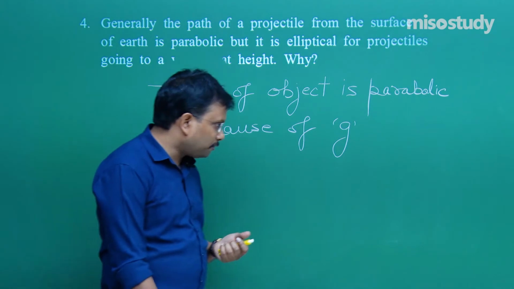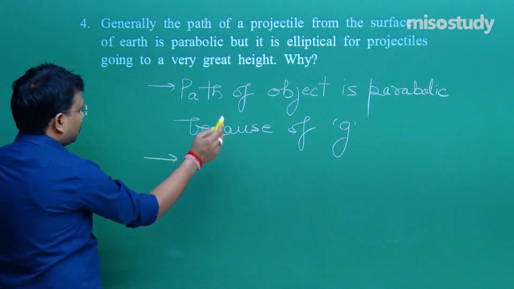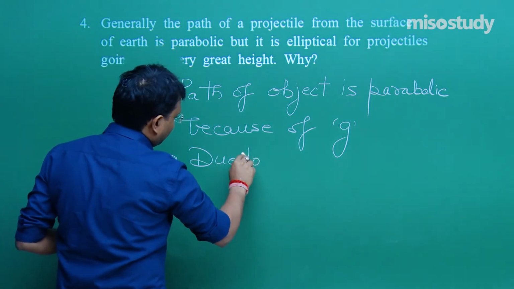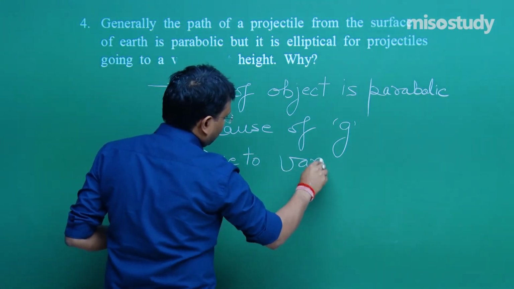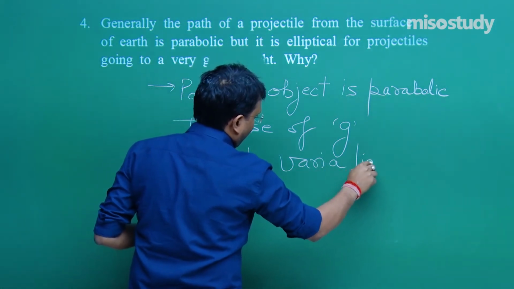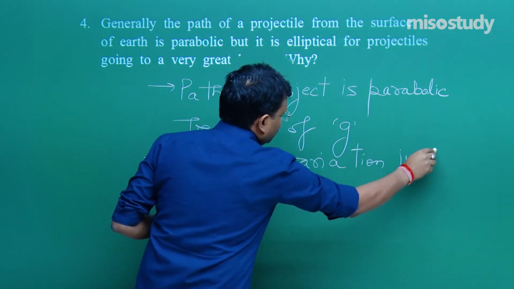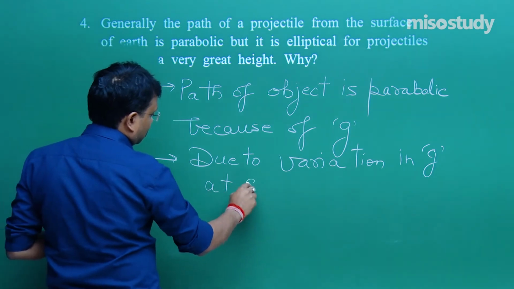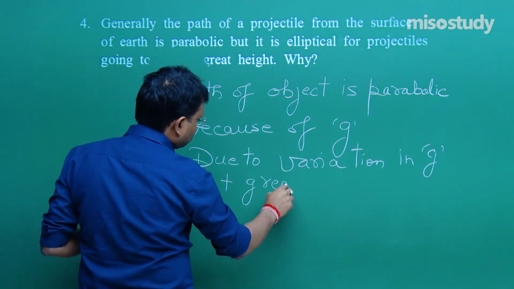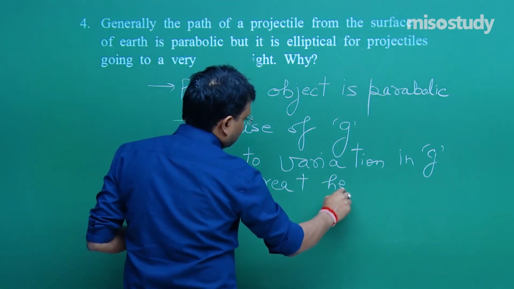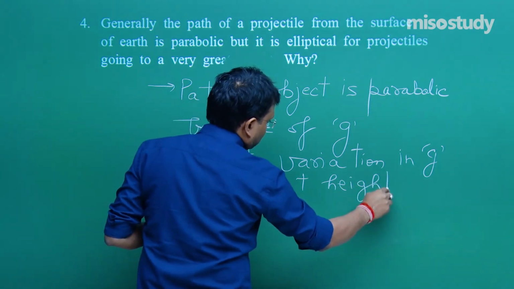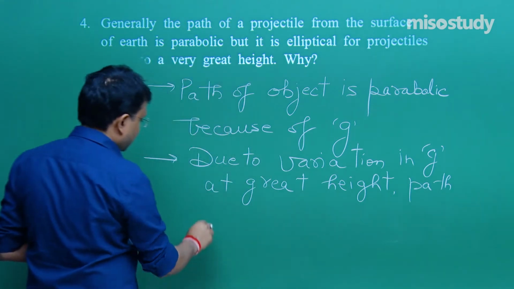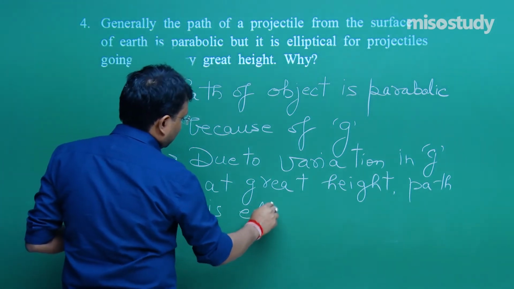So when the value of g starts varying, then you can say due to variation in g at great height, path is elliptical.